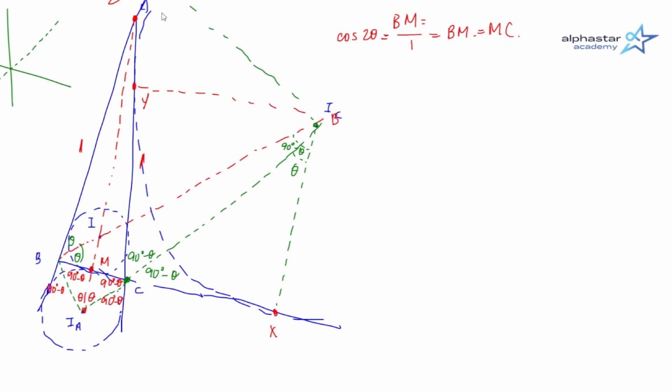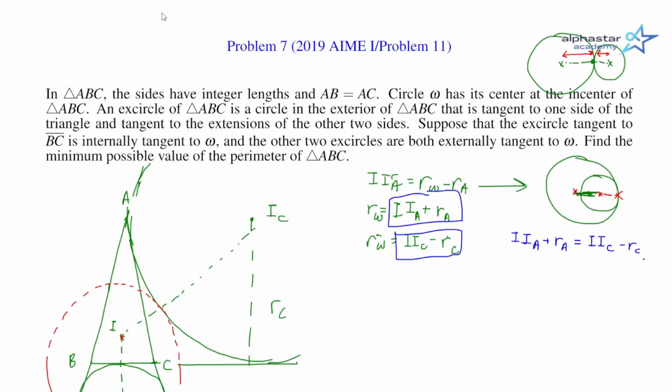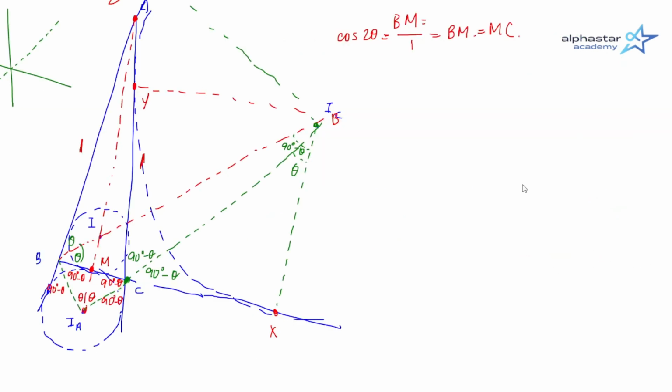What can we say about, for example, remember that we're trying to find R sub A, R sub C, I I sub C, and I I sub A. Well, okay, let's start with I I sub A and R sub A. R sub A can be found by looking at the triangle BMI sub A, which is a right triangle because the radius is perpendicular to the tangent line.